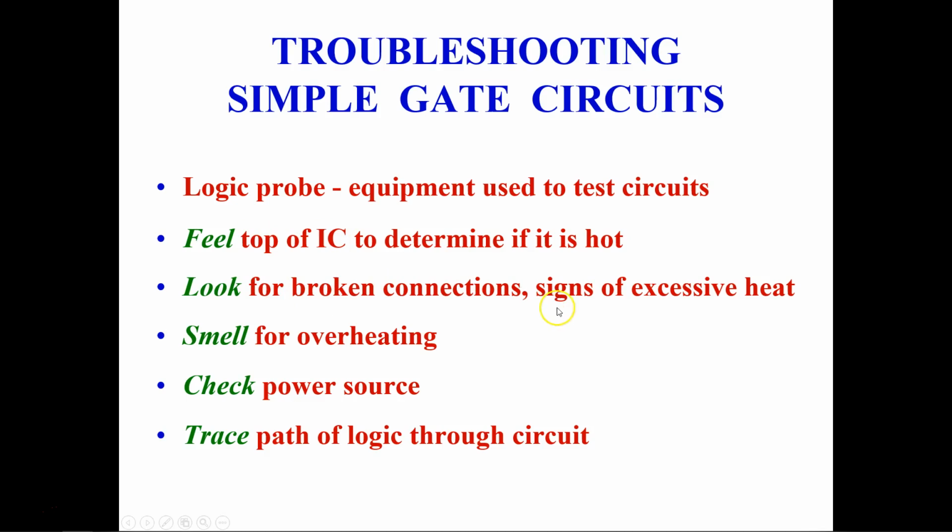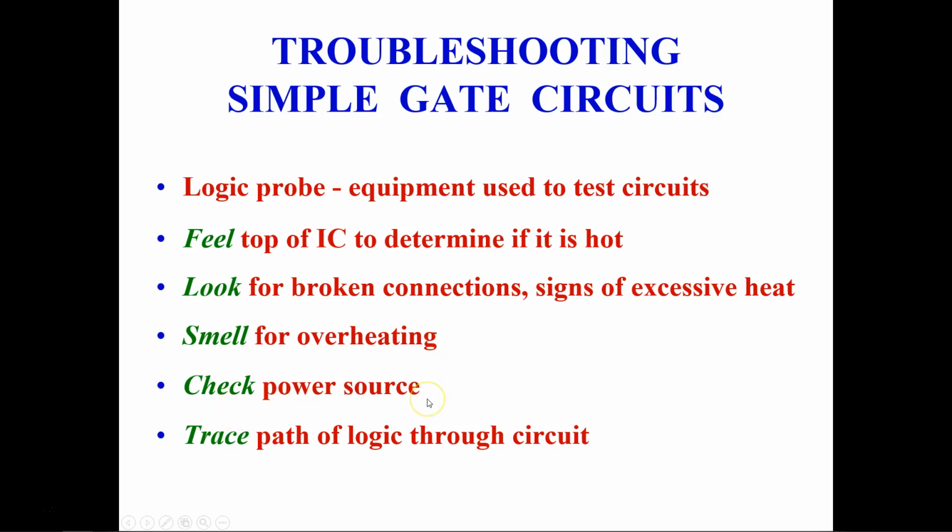Look for broken connections, signs of excessive heat, and smell for overheating. This has happened multiple times with students when they work with ICs. When they make wrong connections, a sudden overheating takes place, and they can feel that through the smell. If that happens, something is wrong with the circuit, and most probably in that situation the IC goes bad.